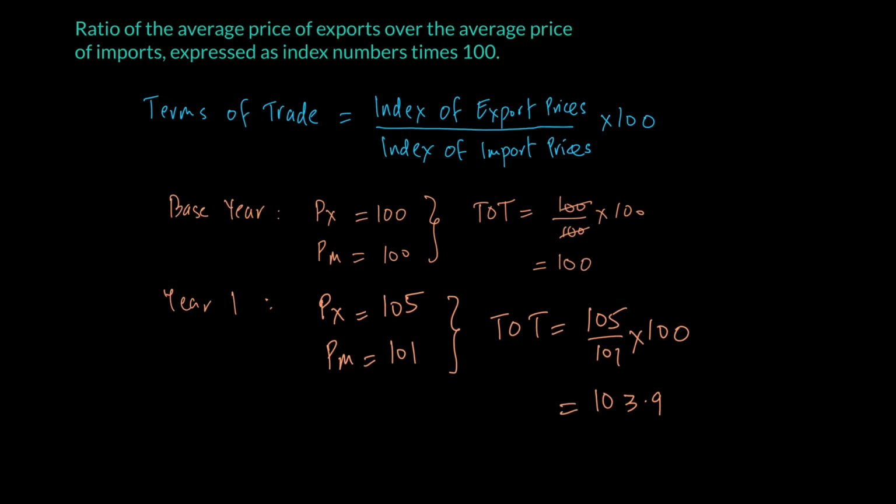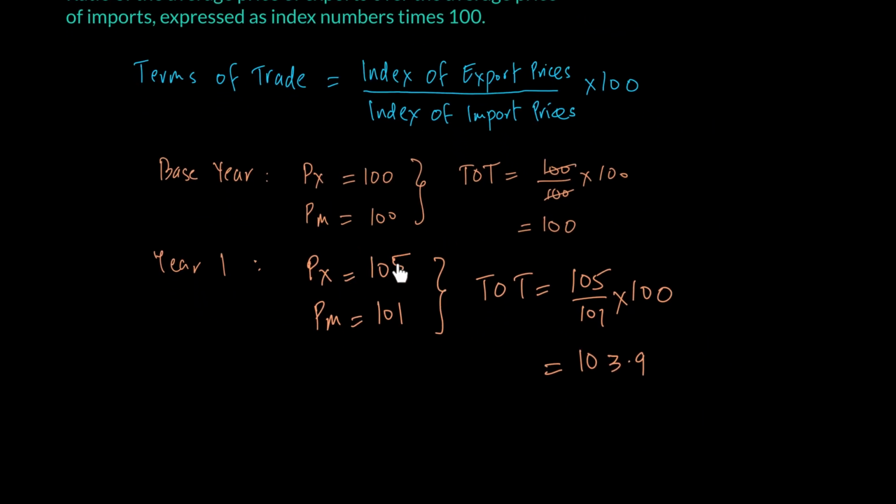You can see that export prices are rising faster than import prices, which means terms of trade has gone up by 3.9%.